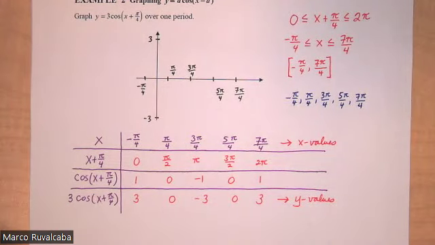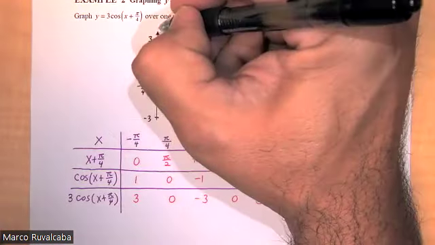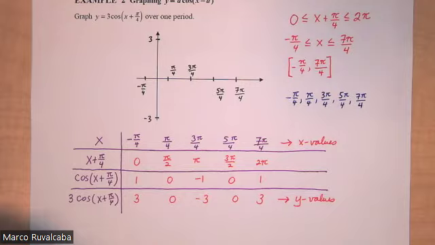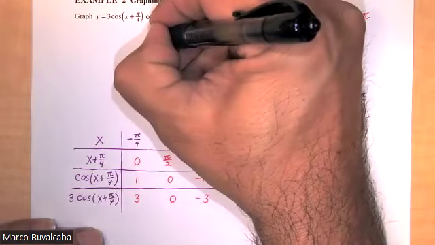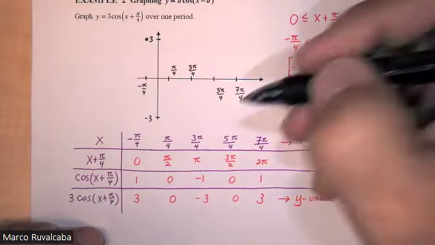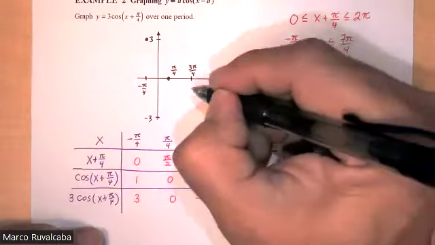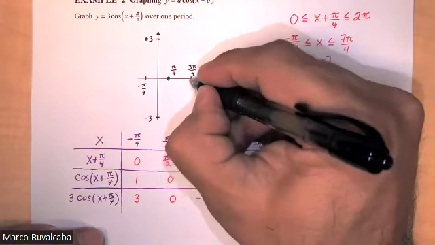And so here they are. So negative pi fourths, 3. Pi fourths, 0, right here. 3 pi fourths, negative 3.